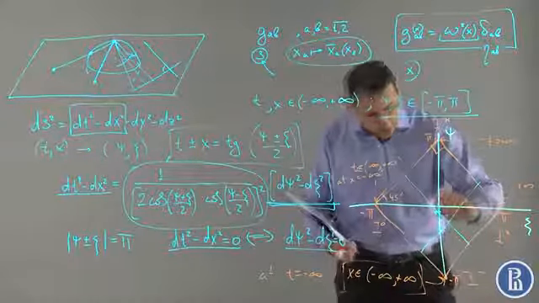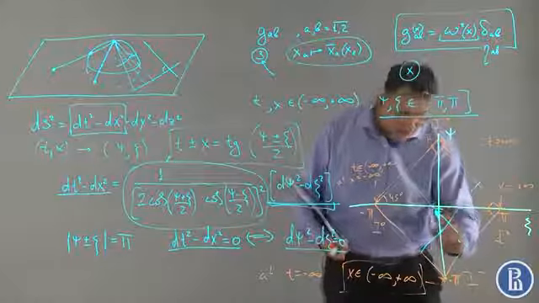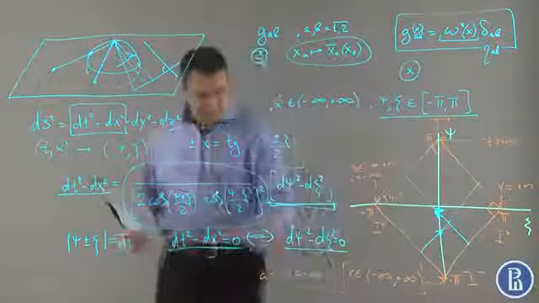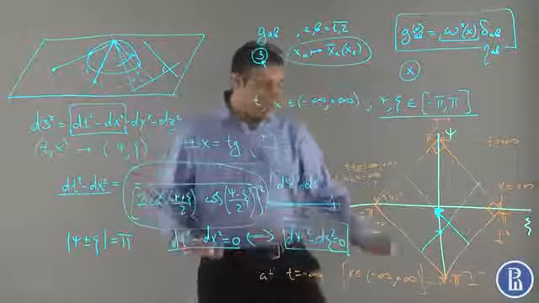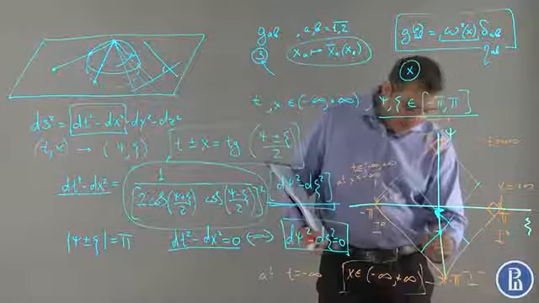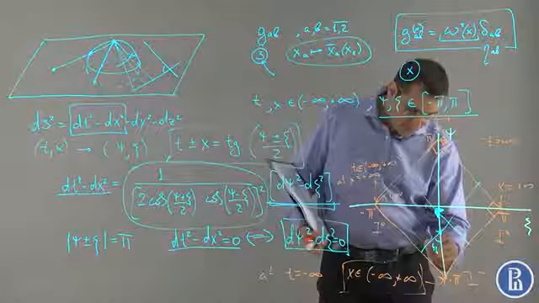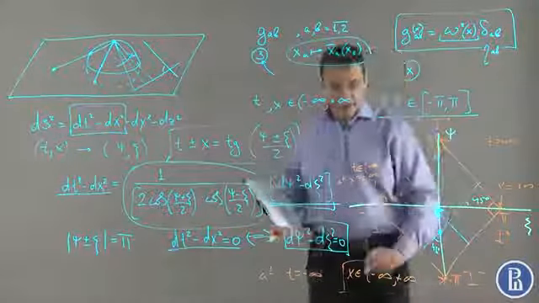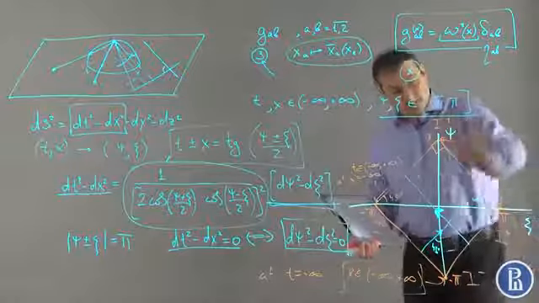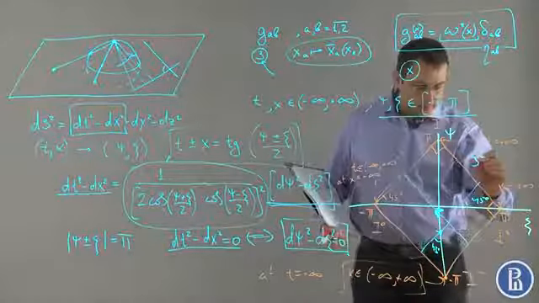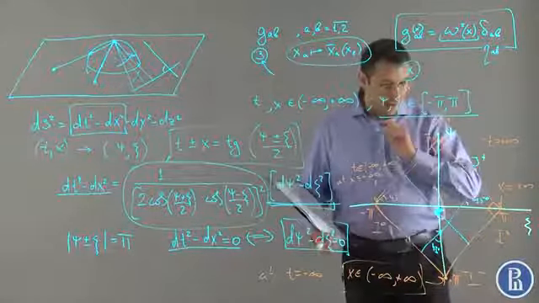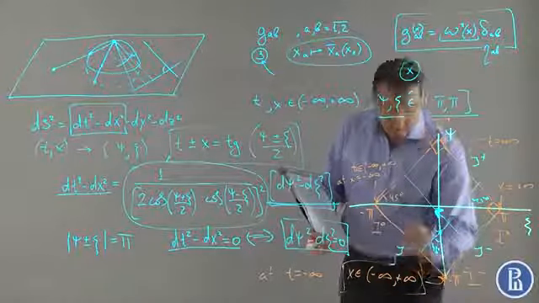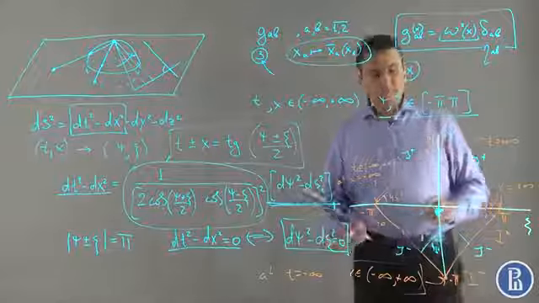As time goes by, these light rays go as follows, and according to this condition they make 45 degrees with respect to the axes. So these are just straight lines, these are light rays. So these are Scri plus, light-like future infinity. This is Scri minus, and also this is Scri minus, and this is Scri plus.